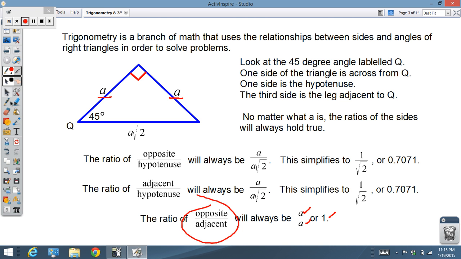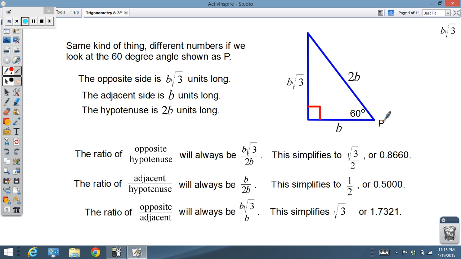All right? Let's look at the 30, 60, 90 just to show you again how this works. I'm looking at angle P, just calling it angle P, and just chose that to be our 60-degree angle. That's pretty random, all right? But anyway, for angle P, here's the opposite side across from it. Here's the hypotenuse, and the adjacent side is, again, next to it, but isn't the hypotenuse, okay?